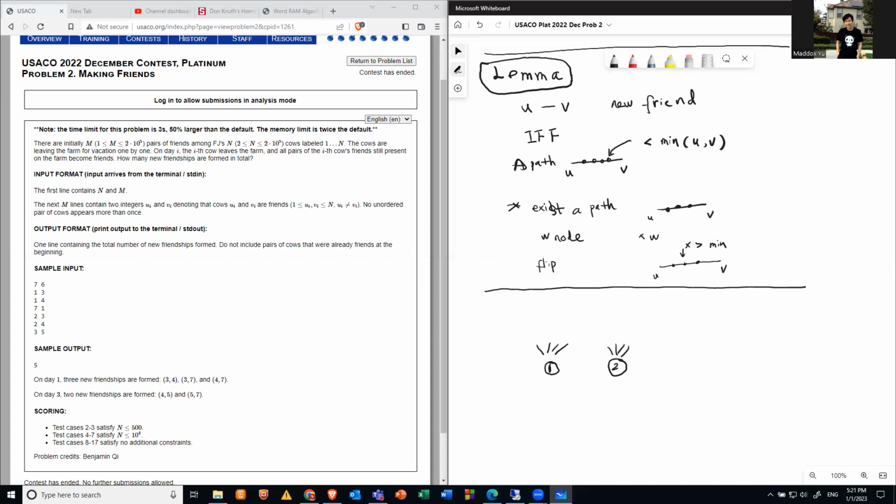If node 2 and node 1 are connected, if you look at this path, then each of those nodes can be connected to any of those nodes. They become friends.